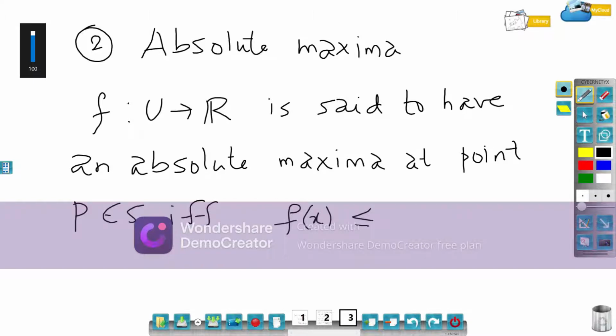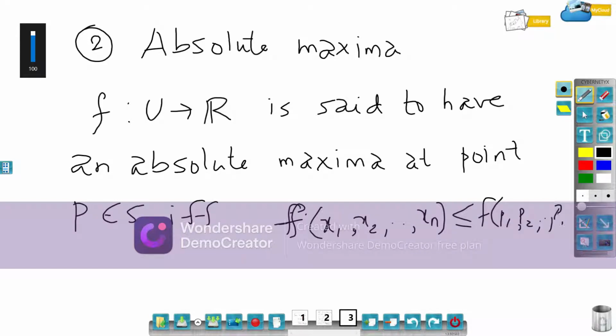So here f of x1, x2, ..., xn is always less than or equal to f of p1, p2, ..., pn.